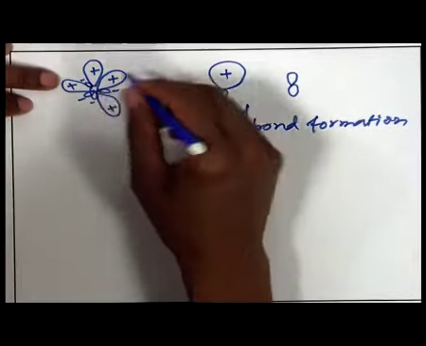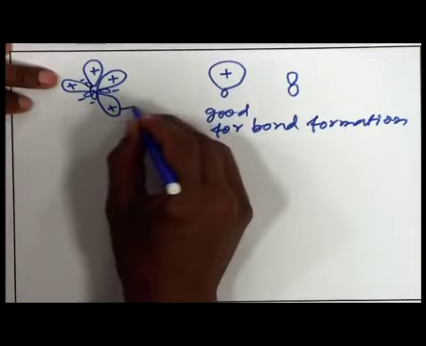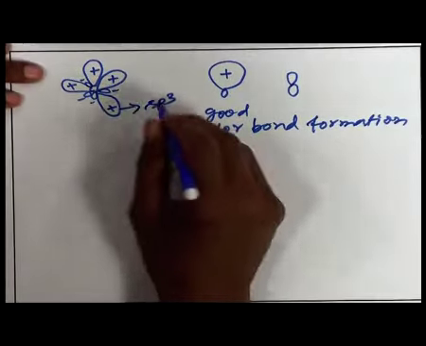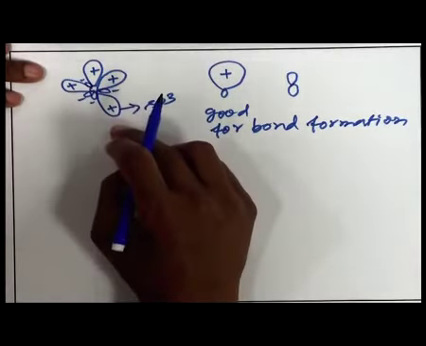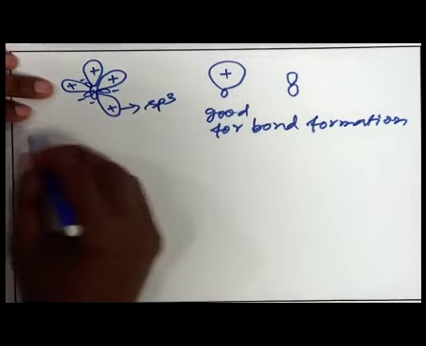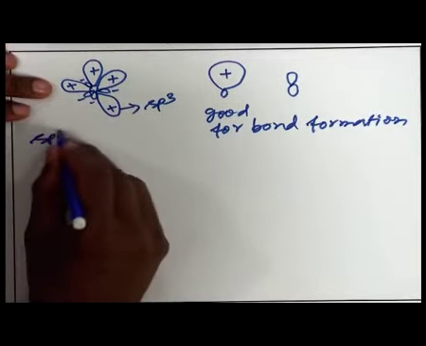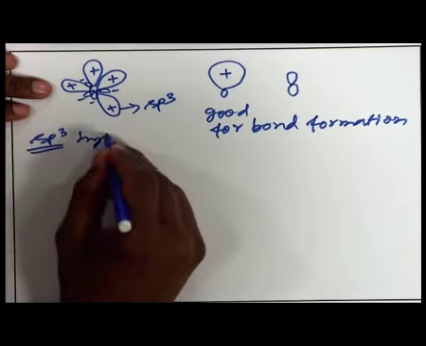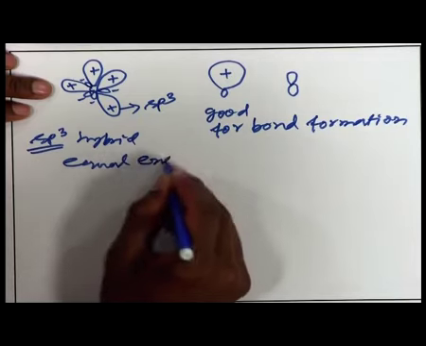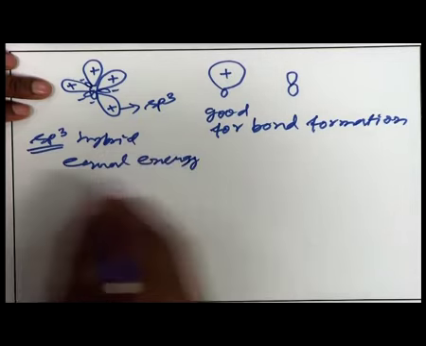Once the sp3 hybridized orbitals are formed, 4 atomic orbitals have combined to give 4 hybridized orbitals, and they have equal energy.